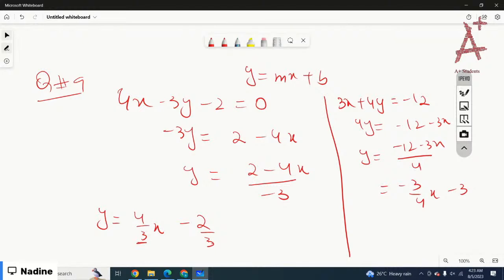Okay, so you can see the slope of this line is negative 3 over 4, right? So the y-intercept is negative 3 and the slope is negative 3 over 4.